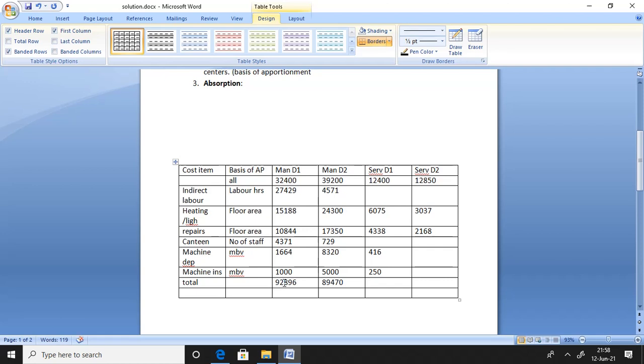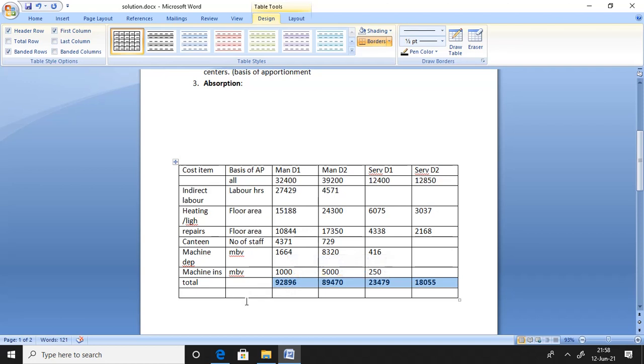Under service department 1, we have 23,479. Under service department 2, we have 18,055. So these are the total costs that we have.